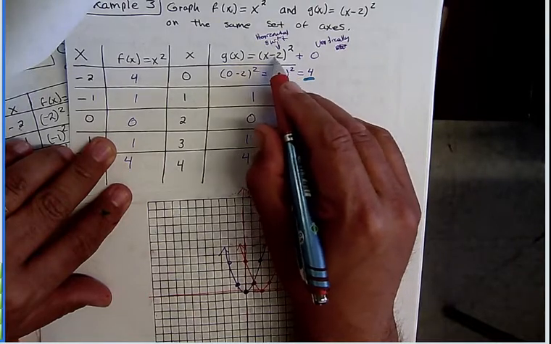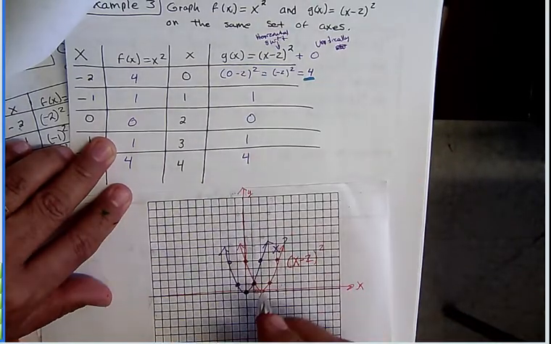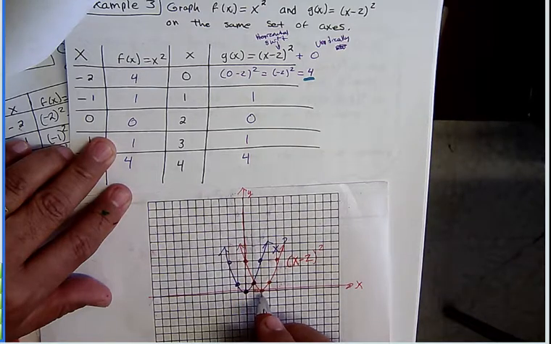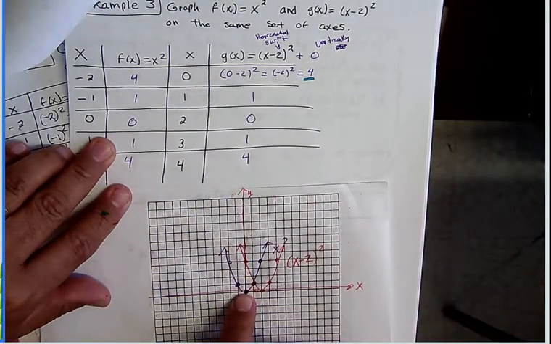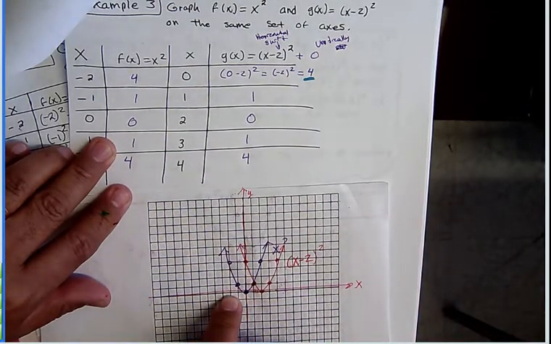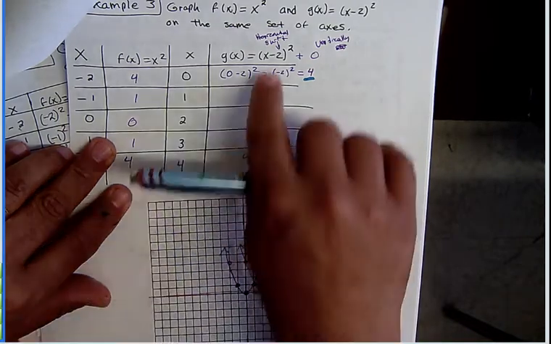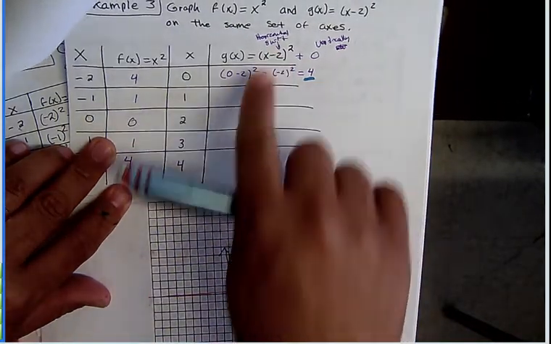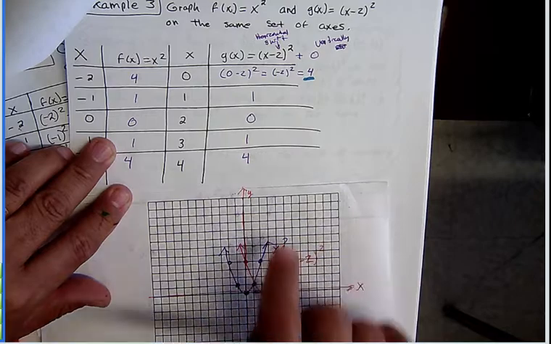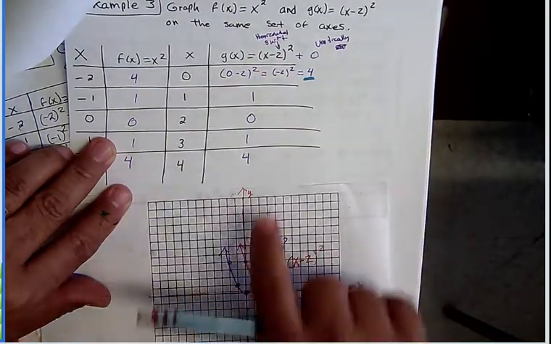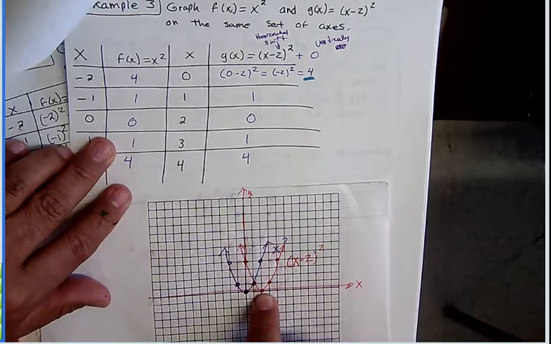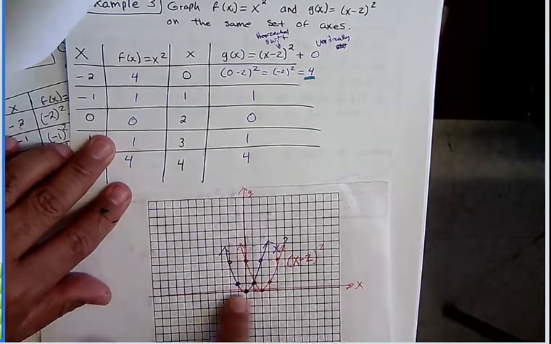So if you notice, this has a negative sign, but we're moving to the positive side, to the right side. If this was a positive, then you would move to the left side, the negative side. So it's always opposite of that sign. That's where you move it. So do not move 2 units to the left. It's always the opposite. If it's negative, you move to the right. So that's what it tells you.